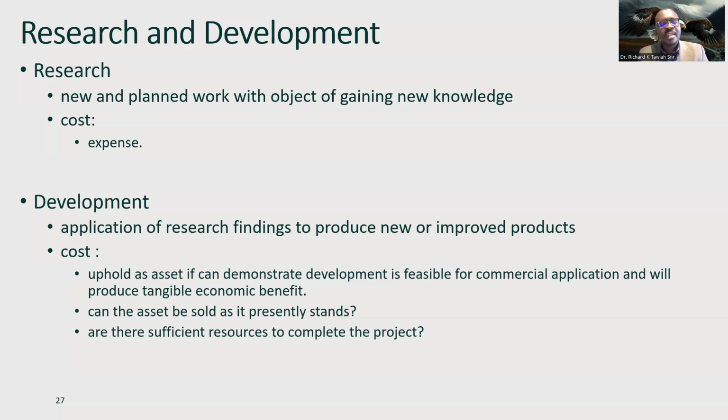The cost associated with the development, you keep it as an asset, only if we can demonstrate that it is feasible, commercially viable, and will produce tangible economic benefits. If the asset can be sold as a standalone, and whether we have sufficient resources to complete the project, the PIRATE criteria then starts coming in.